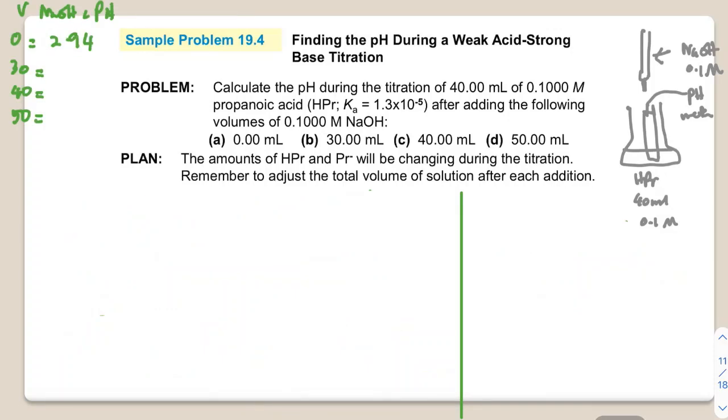Let's look at 2b. This is after the addition of 30 ml of the sodium hydroxide.